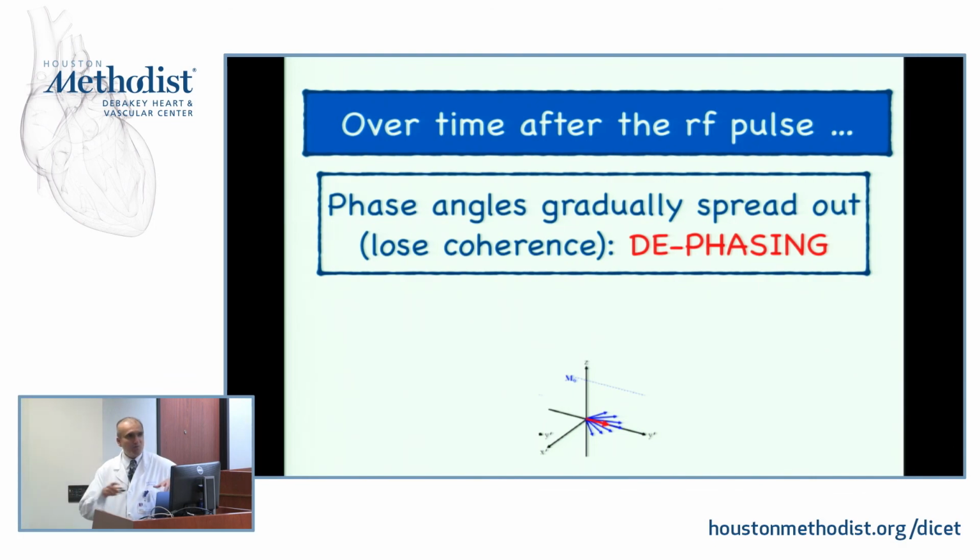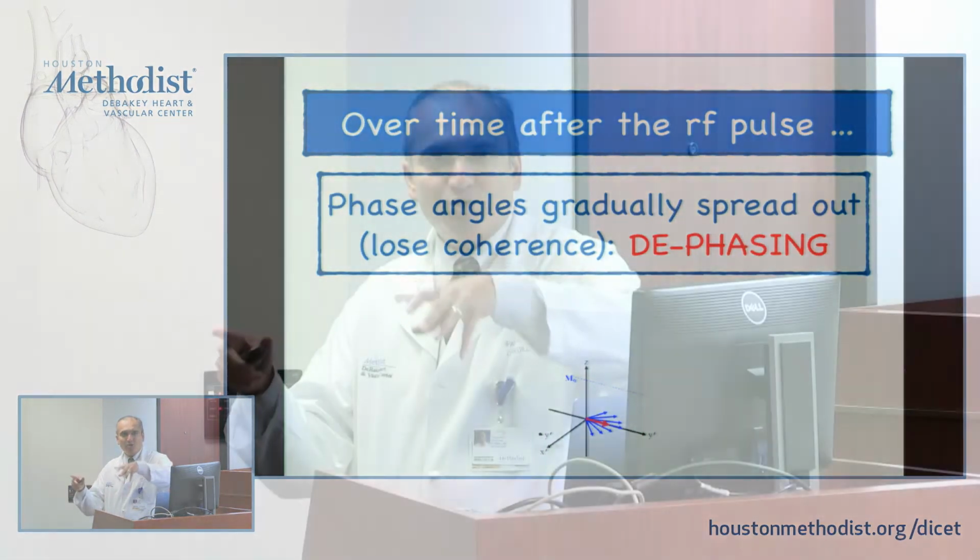In the beginning, they're all fairly close together. But as time goes on, they start to spread out because some are faster and some are slower. As a result, if you wait a little while, all the cars may be spread all the way across the 360-degree circumference, and there'll be no net magnetization because it all cancels out.